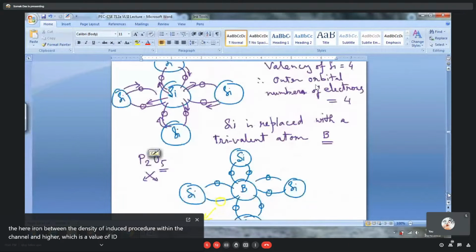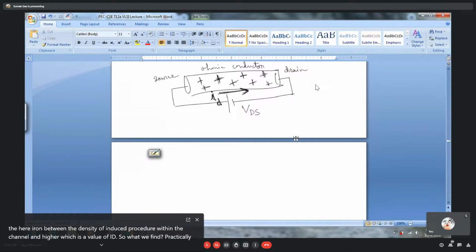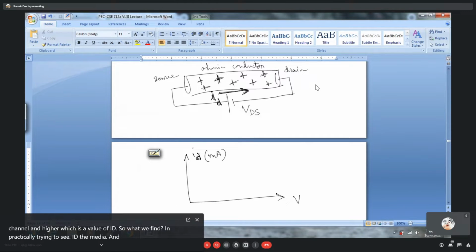So what we find, graphically try to take this. This is ID, say in milliampere, and if this is VGS, say we term it minus VGS in volts.